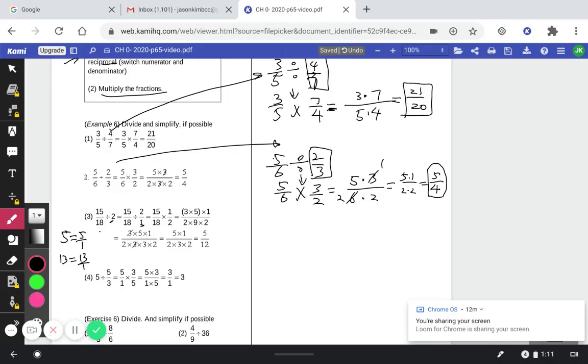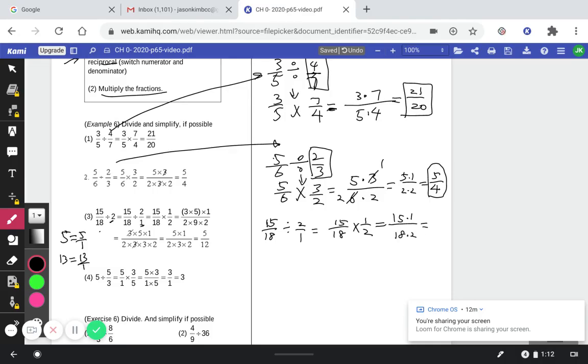So now you are dividing 15 over 18 by 2 over 1, which means 15 over 18 multiplied by 1 over 2. Because when you change the division into multiplication, you have to take the reciprocal, which means upside down, on the second term. So you end up with 15 times 1 over 18 times 2.